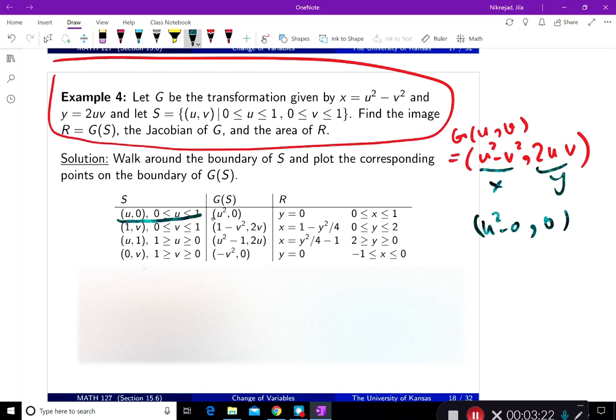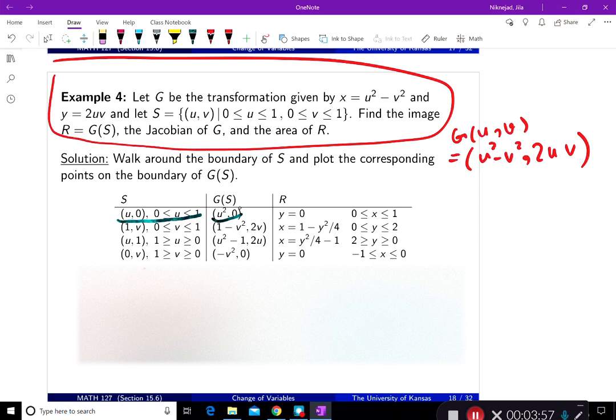So G of u and 0 is going to look like that. Now what does it mean? G of u and v still has u in it, but I want it to be a point in the xy plane. This is a parameterized point in the xy plane. So what we do is we eliminate u in there.